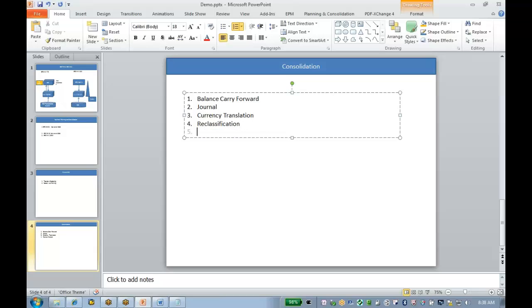Then I have consolidation of investments. Consolidation of investment is basically how to consolidate your investment. There are some methods called purchase method, proportionate method, equity method. If you are using the purchase method for the investment, how to post the transaction can be configured here.